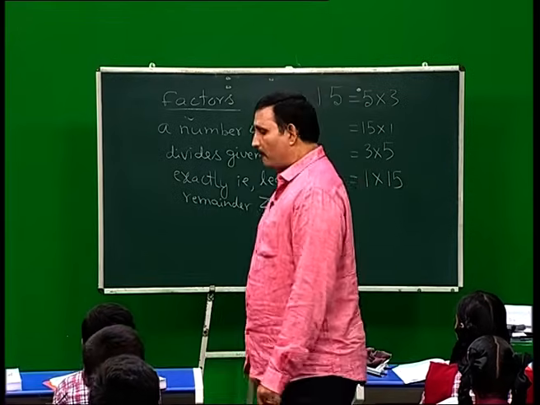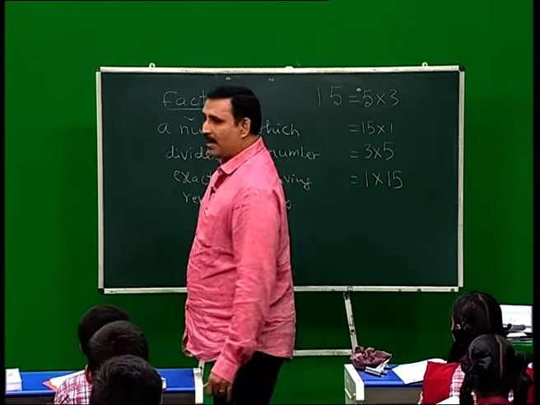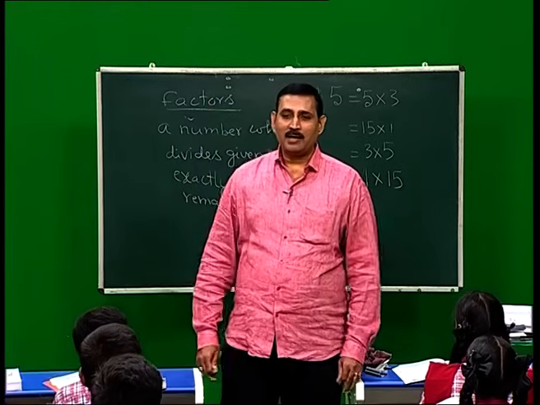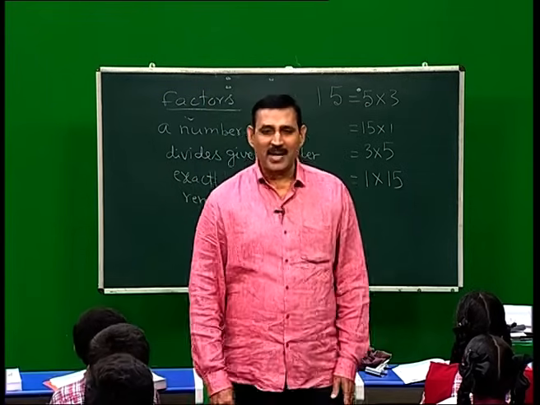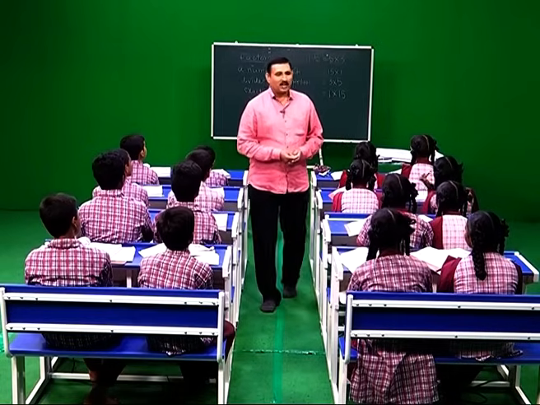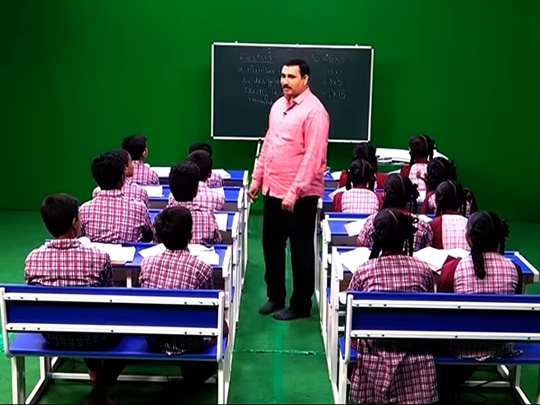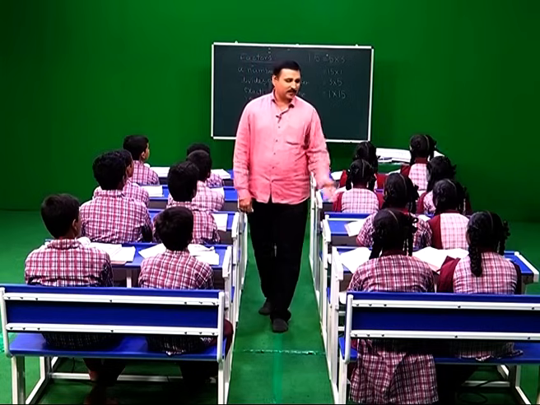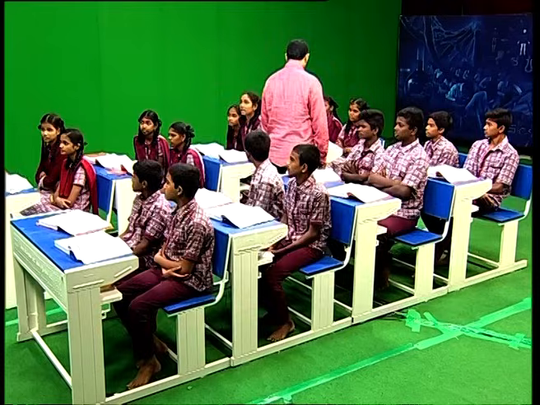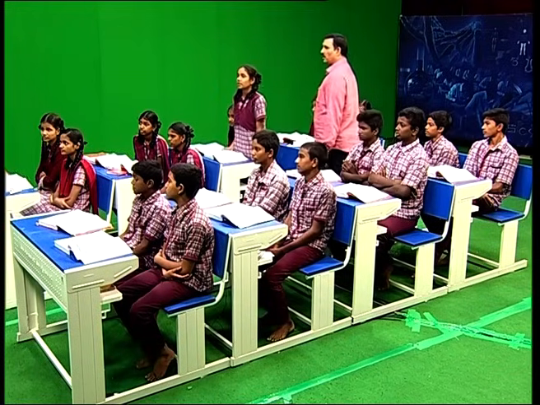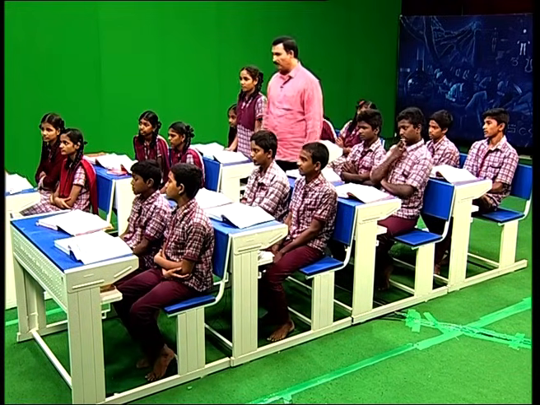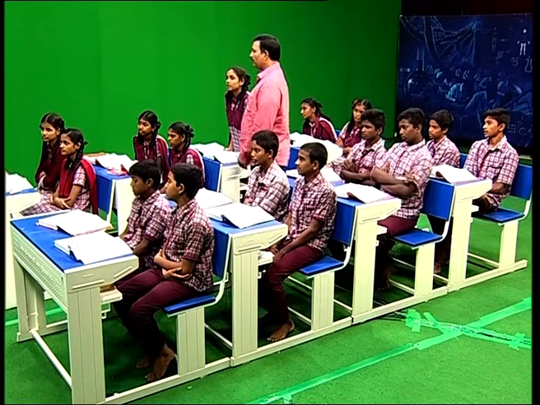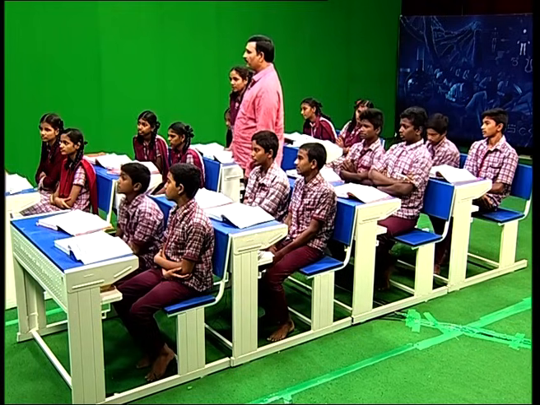So factor means any number which divides the given number completely or exactly, meaning the remainder should be 0. We call all such numbers factors. What is a factor? A number which divides the given number exactly, that is, leaving remainder 0.